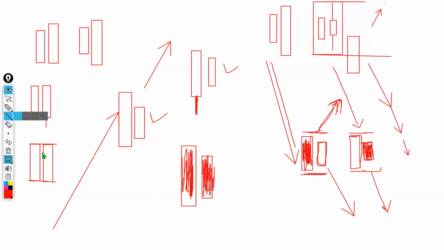How is it possible to have two bullish candles like this? Because after the open right there, price closes right there, price gaps down again, opens right there, and closes up. It does happen in the market.